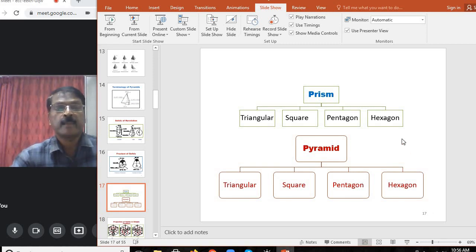Based on the shape of the base, prisms can be triangular prism, square prism, pentagonal prism, or hexagonal prism, and pyramids can be classified based on the base as triangular pyramid, square pyramid, pentagonal pyramid, and hexagonal pyramid.